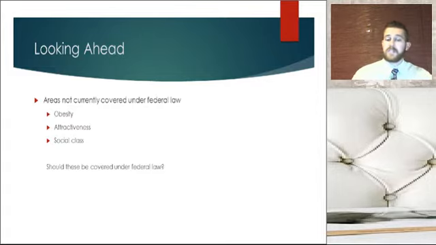So should they be covered under federal law? Well, that is up for debate, and there has been some case law more around obesity discrimination. So it is a possibility that there could be an amendment to the employment discrimination laws.